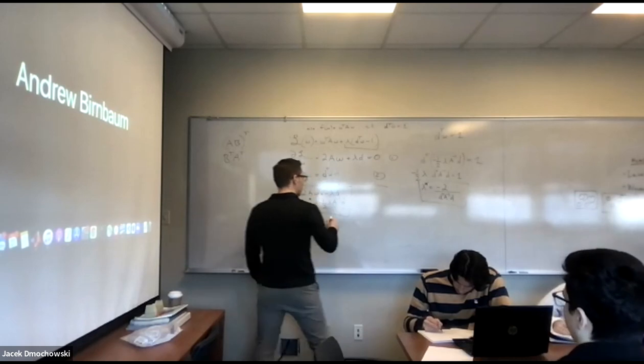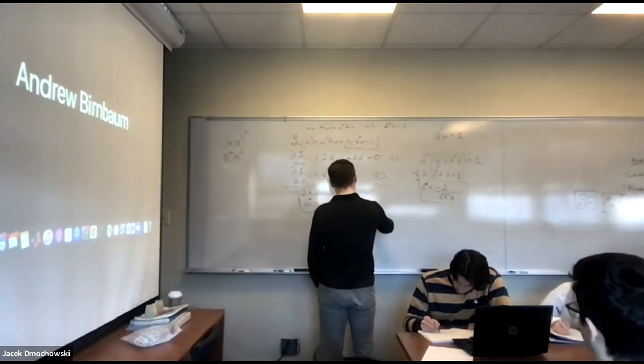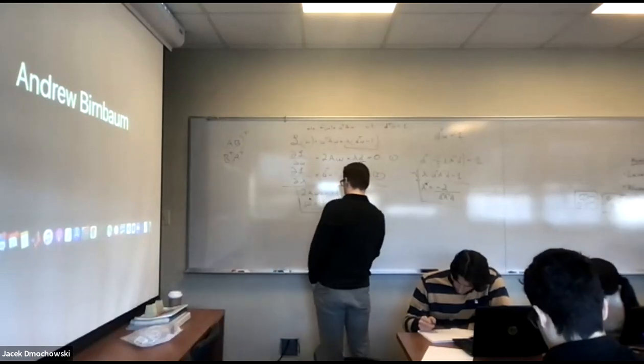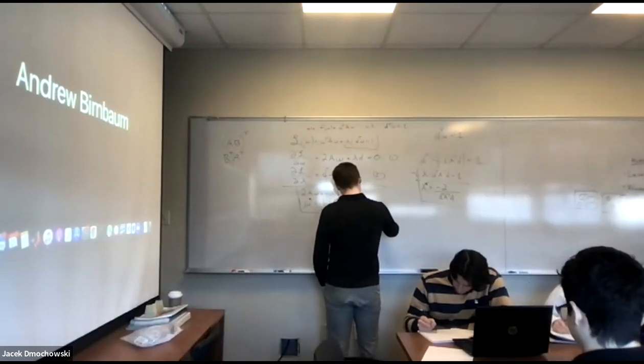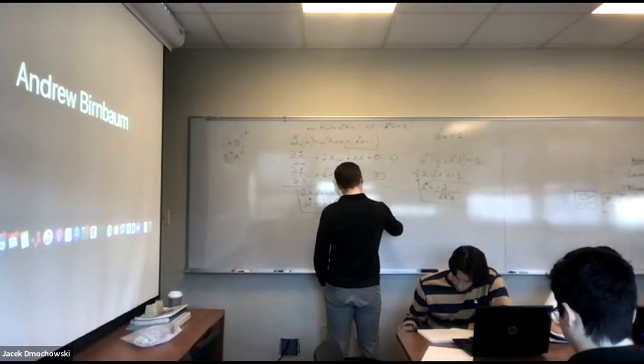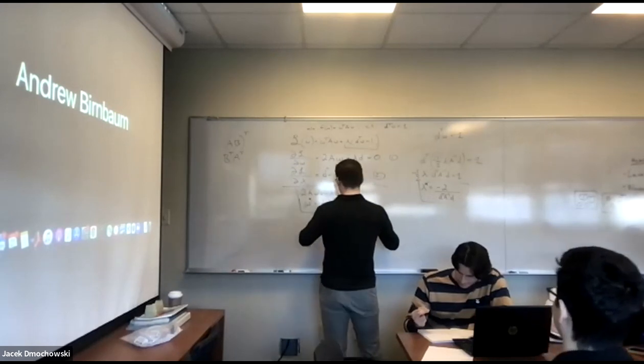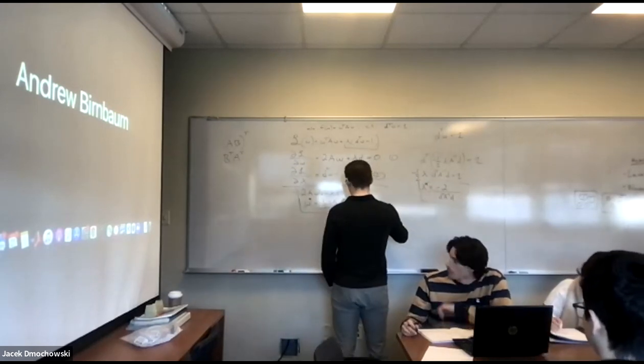And when I plug it in, I get something that looks, well, math is like this thing they say about math: if it looks good, it doesn't necessarily mean it's right, but if it looks ugly, it's wrong.